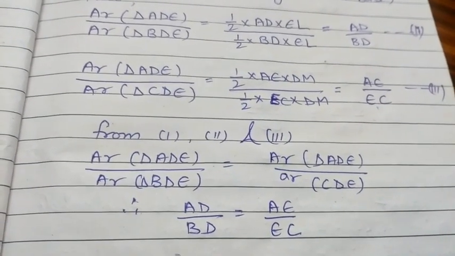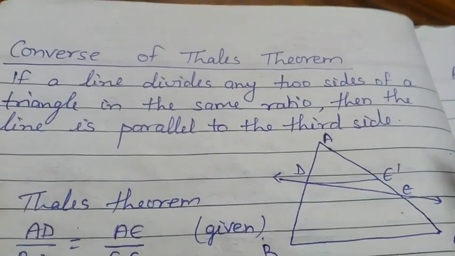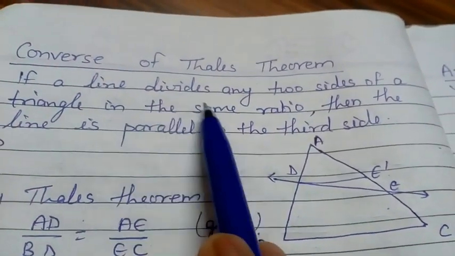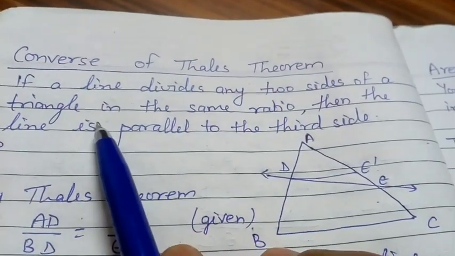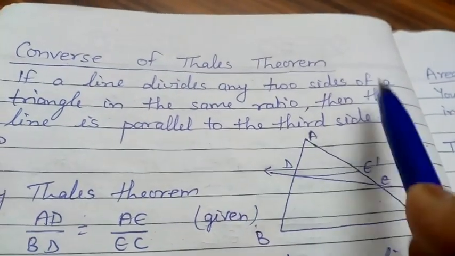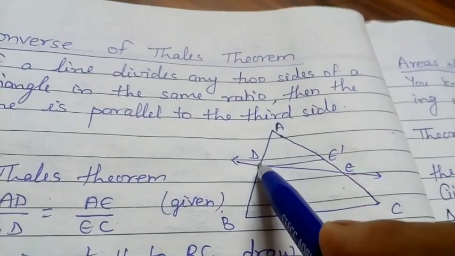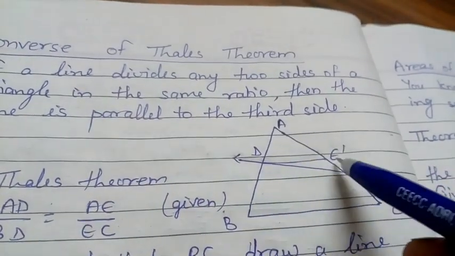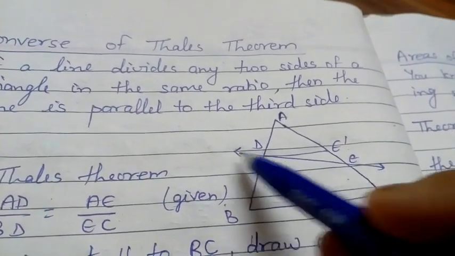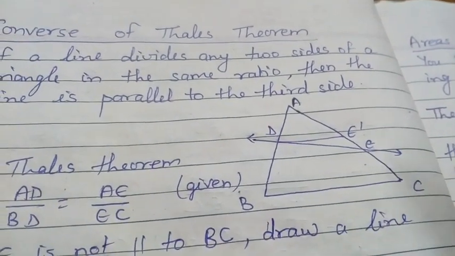Next, its converse. The converse of the Thales theorem: if a line divides any two sides of a triangle in the same ratio, then the line is parallel to the third side. If the ratio is the same, AD upon BD equal to AE upon EC, then the line will be parallel to the third side.